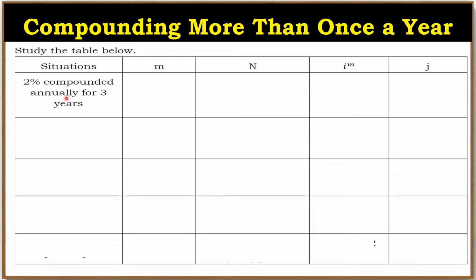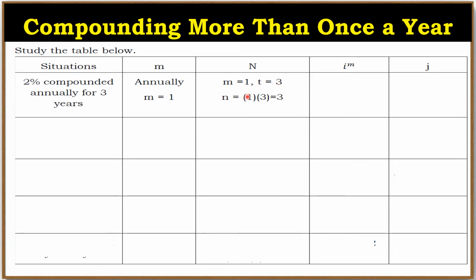Say for example, the situation is 2% compounded annually for 3 years. So in this given, our m is equal to 1 because that is annually. Alright, and our n is m times t.